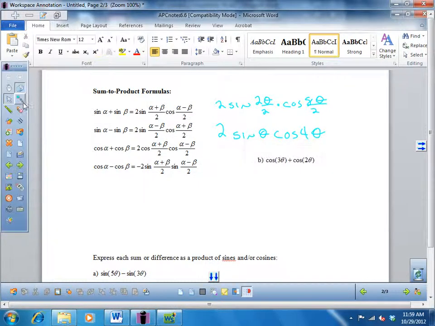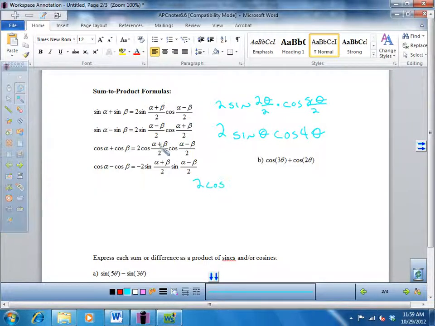So if I want to do this one, cosine 3 theta plus cosine 2 theta, I'm going to use this formula, right? So it's going to be 2 cosine of (A plus B)/2, which is 5 theta over 2, times cosine of (A minus B)/2, 3 minus 2, which is theta over 2.